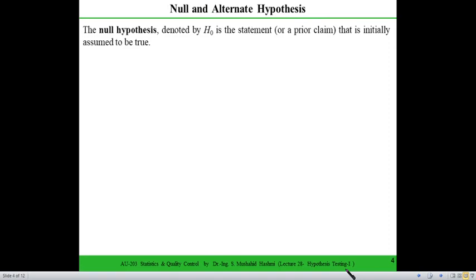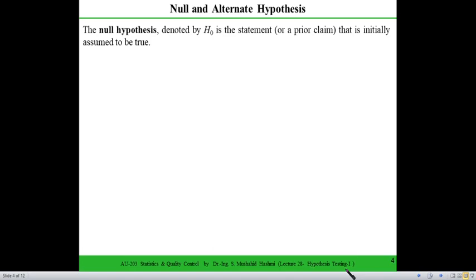Okay, so the null hypothesis, denoted by H naught, is a statement or a sort of prior claim or status quo that is initially assumed to be true. This is your anticipation about the parameter.